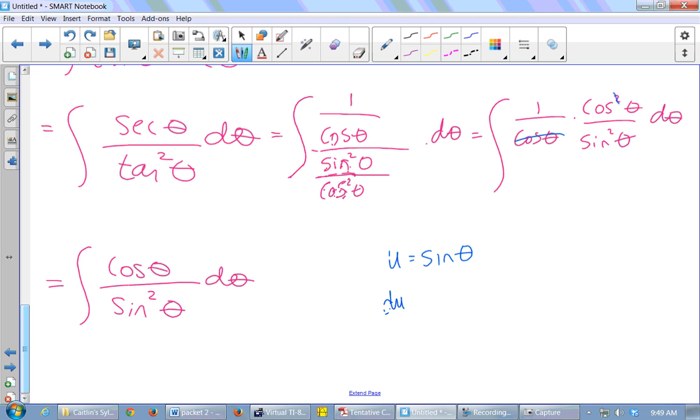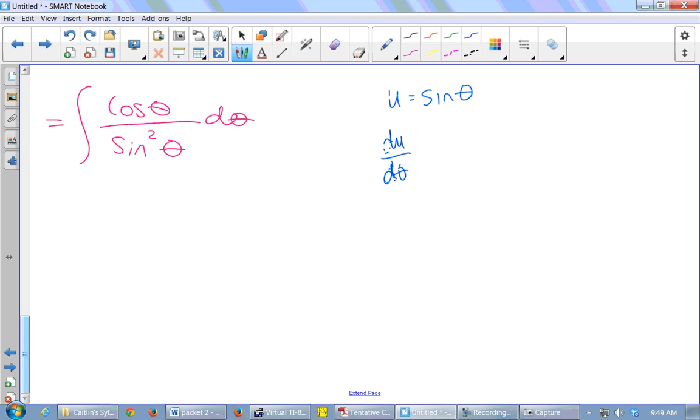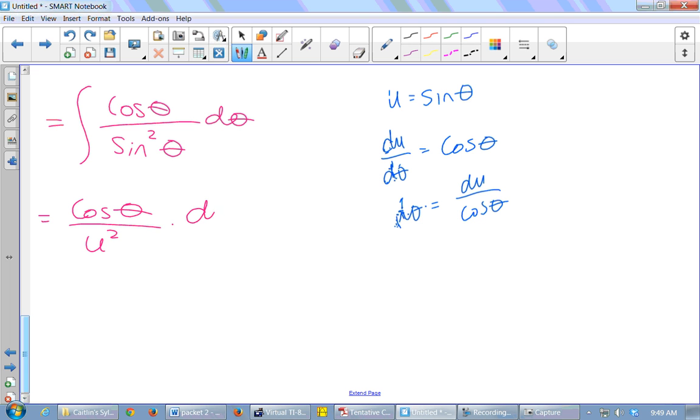So du d theta is going to be cosine theta, which means d theta is du over cosine theta. So then I sub in here, and I'm going to have cosine theta over u squared times d theta, which is du over cosine theta. Hooray! The cosine thetas cancel.